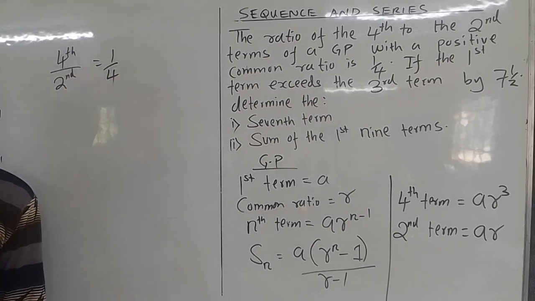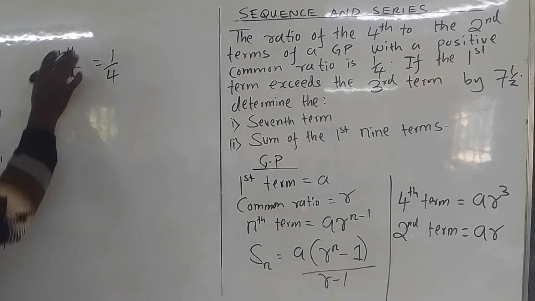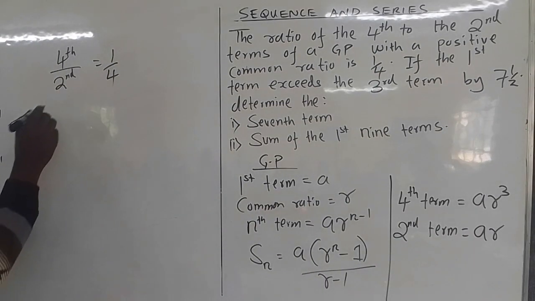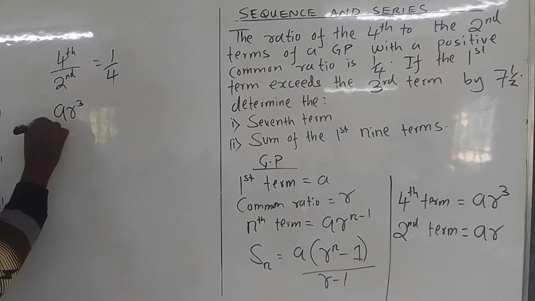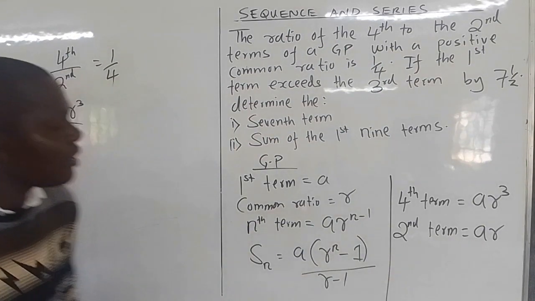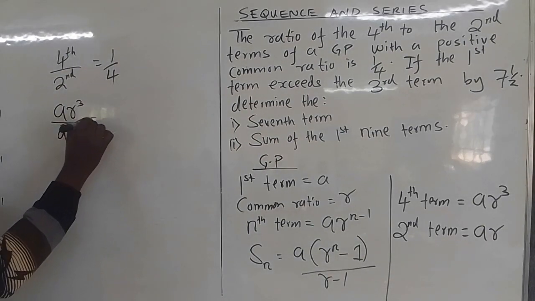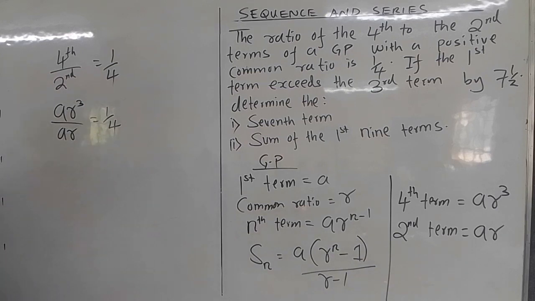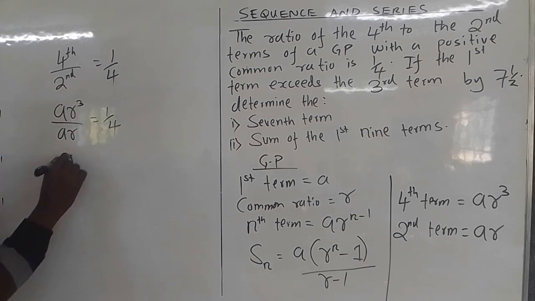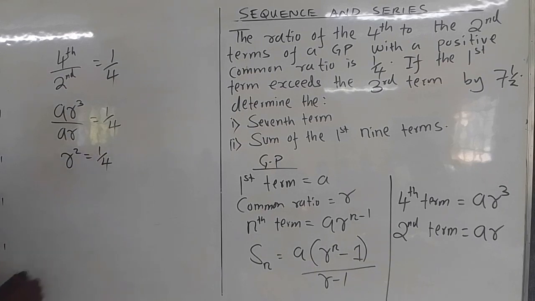Is that okay? So from there you substitute the fourth term, you found it is a r raised to power 3. Then the second term is a r, to be 1 over 4. So you can see a cancels with a, you remain with r cubed over r, isn't it? Which is r squared. So r squared is 1 over 4.